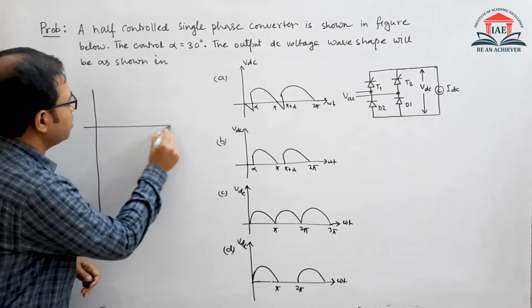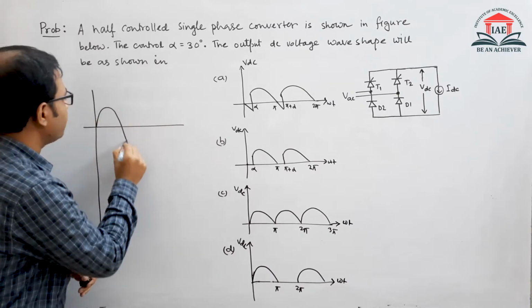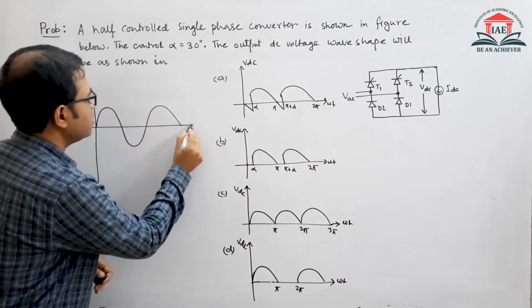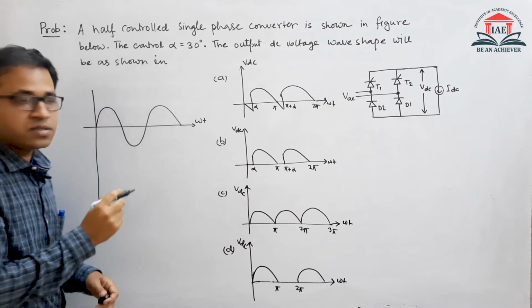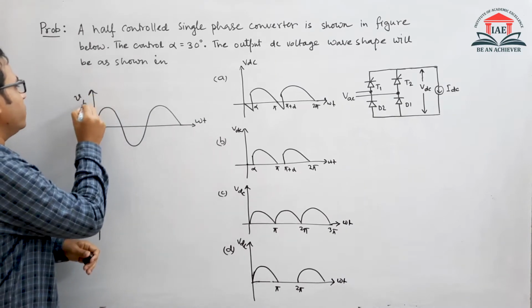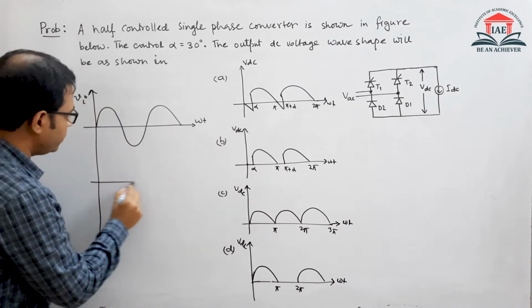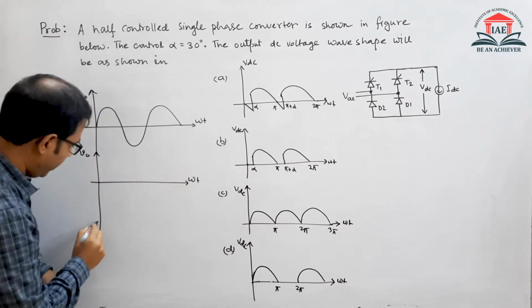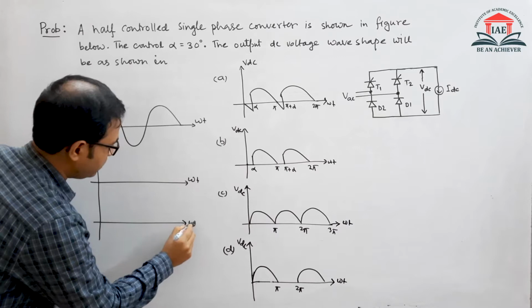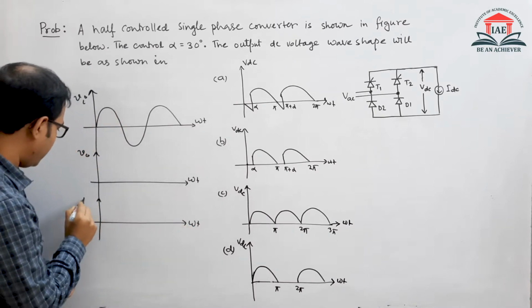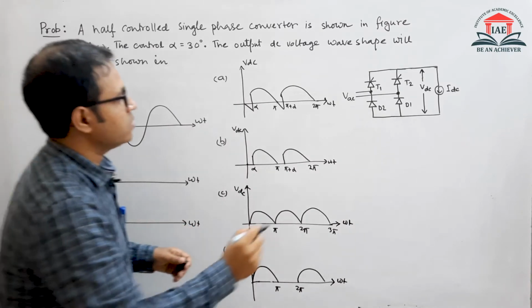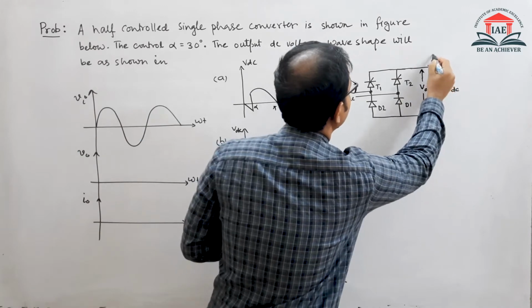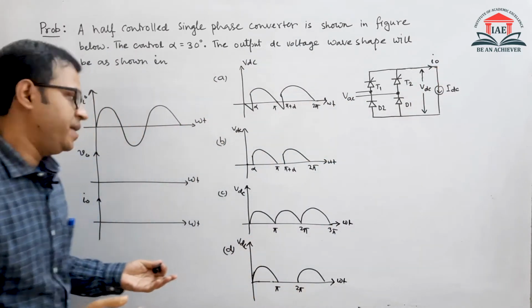Just by drawing the input voltage, from there we will draw the output voltage. This is our omega t axis and this is the input voltage Vi. Here we will draw the output voltage Vo, as well as the current waveform IO. This is our IO, which is nothing but IDC.